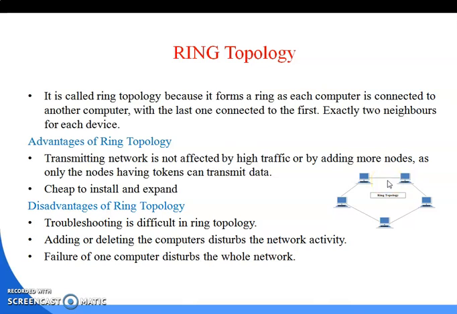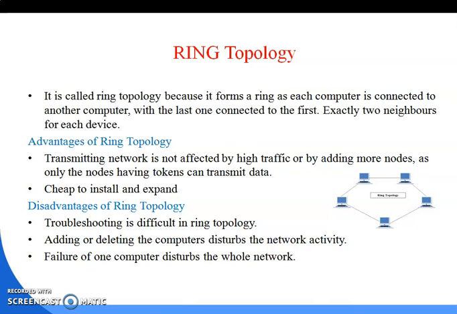So it doesn't matter how many computers are connected with this topology. The computer having the token is the only one allowed to use the network service or transfer the data from one point to another. Clear now?